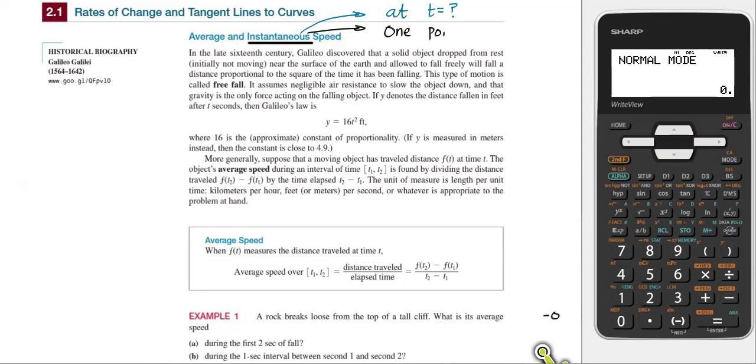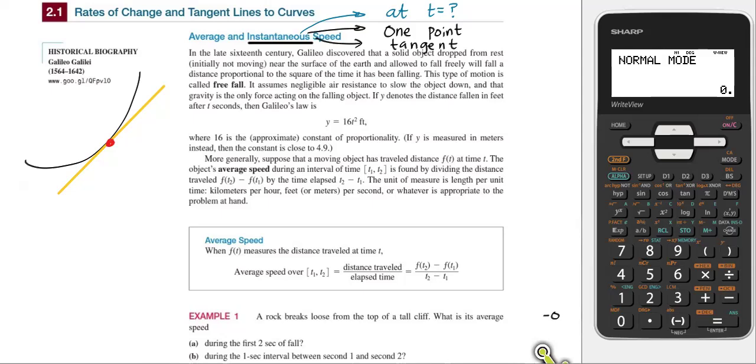If you have a curve, your graph, it's a tangent. I'm just telling you ahead of time: the tangent touches the graph at 1 point. So instantaneous is the one that we call the tangent. That's why they'll call it the gradient of a tangent, and they'll say at a point.